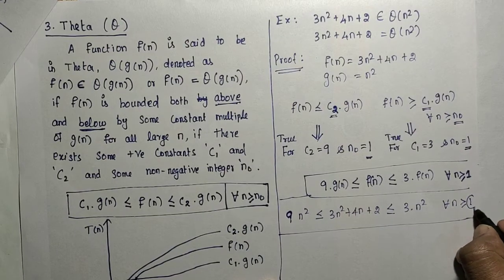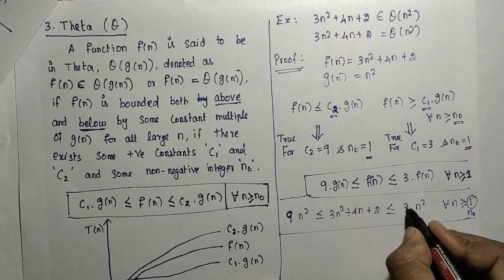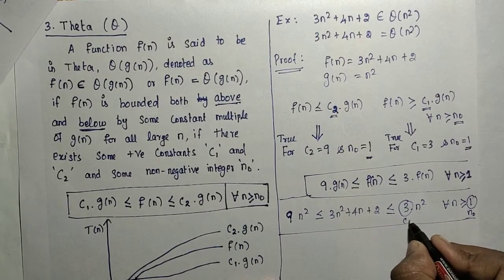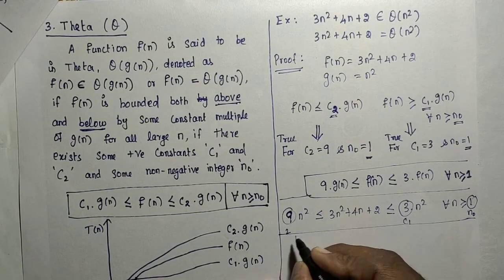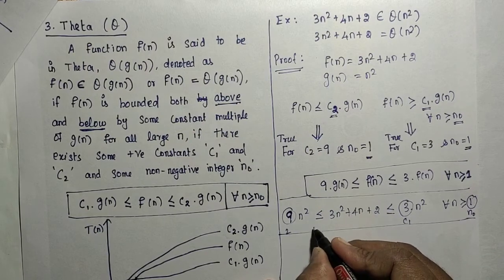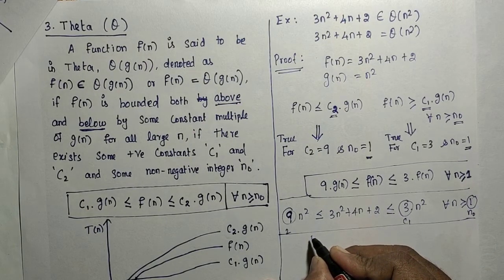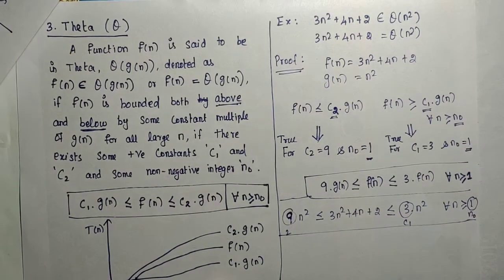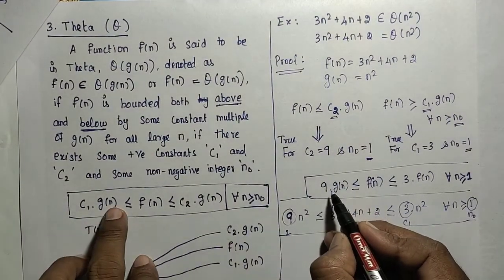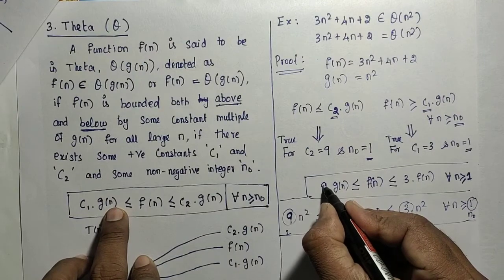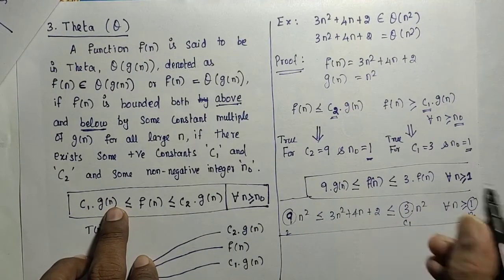Here this is n naught, this is C1 and this is C2. Sorry, actually we need to write C1 into g of n, that is here the 3, and here it is 9.